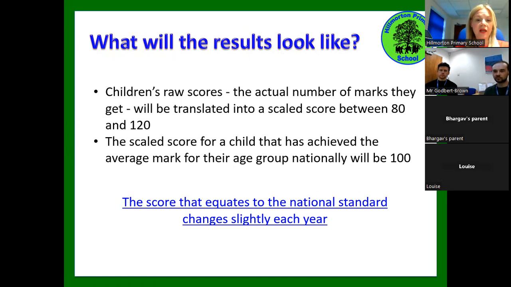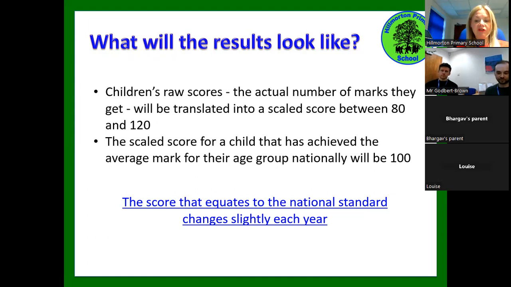So for example, last year, to get 100 as a scaled score in the reading test, they needed to have got 24 marks out of 50. The year below, in order to get the age-related standard of 100, they needed to have got 29 out of 50. So it was a harder paper last year, so they lowered that score, but it's around that level.